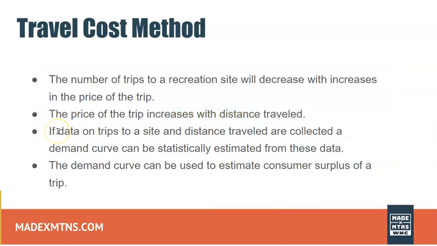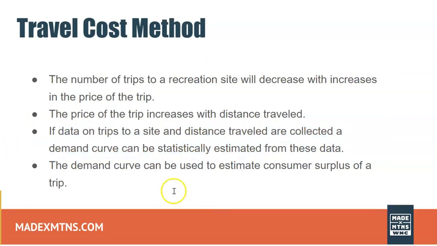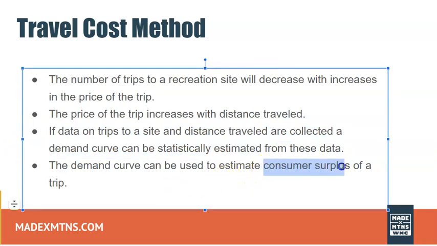And so what we want to do is collect data on trips to a recreation site or sites, multiple, and distance traveled. And then we can statistically estimate a demand curve from these data. And with that demand curve, we can estimate consumer surplus of a trip, or the net willingness to pay of a trip.